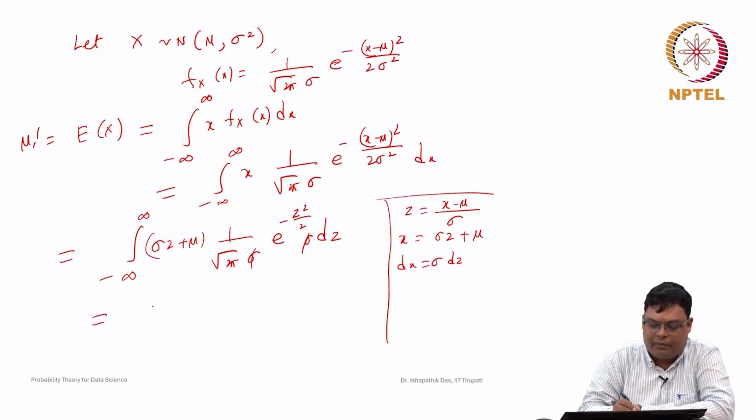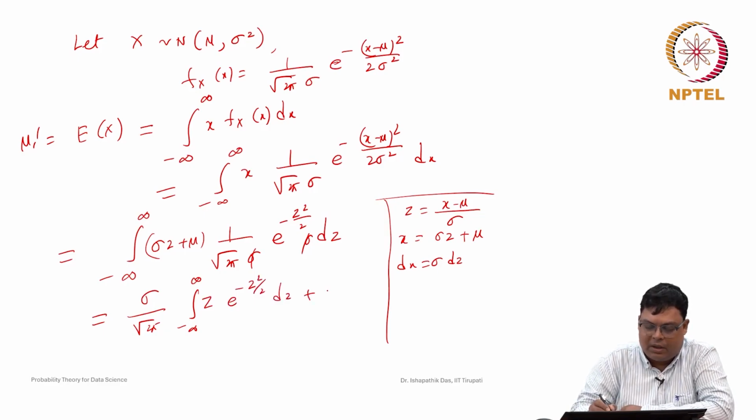So, it is nothing but 1 by root 2 pi integration from minus infinity to plus infinity of sigma z, so sigma outside, sigma by root 2 pi z e to the power of minus z square by 2 dz, plus the remaining, integration from minus infinity to plus infinity mu into 1 by root 2 pi e to the power of minus z square by 2 dz.